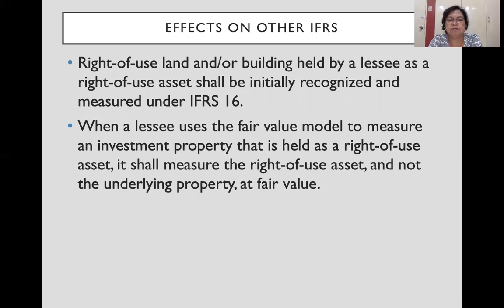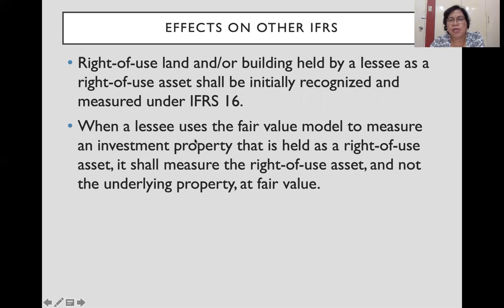So if land and building are leased by the lessee, therefore we recognize right of use land or we recognize right of use building or both. So the initial cost that will be assigned to the right of use land and right of use building will be determined under IFRS 16.